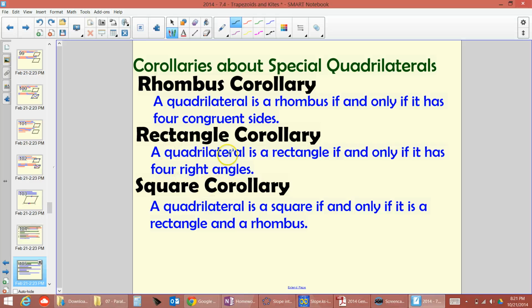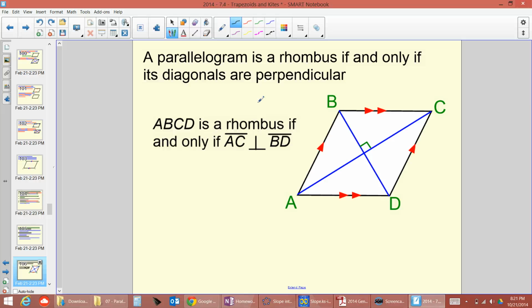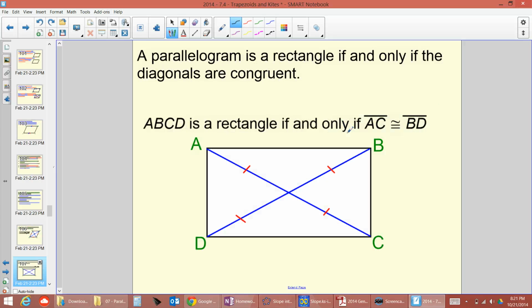It has four right angles, and it has four congruent sides. All right, a parallelogram is a rhombus if and only if the diagonals are perpendicular. This is another thing we covered yesterday. We have a rhombus, we have perpendicular diagonals. And it goes both ways. It's a biconditional statement.